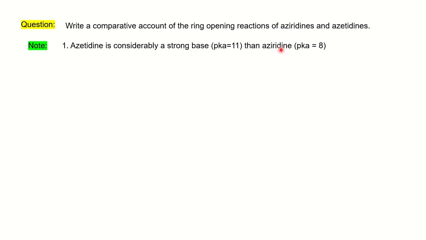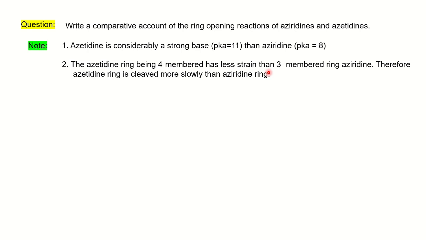Since aziridine has more ring strain, it is a weak base. So basically the basicity is governed by the ring strain. Aziridine being the most strained, the basicity is less here. The azetidine ring, being 4-membered, has less strain than the 3-membered ring, and therefore ring cleavage will occur more slowly in the azetidine ring as compared to the aziridine ring.